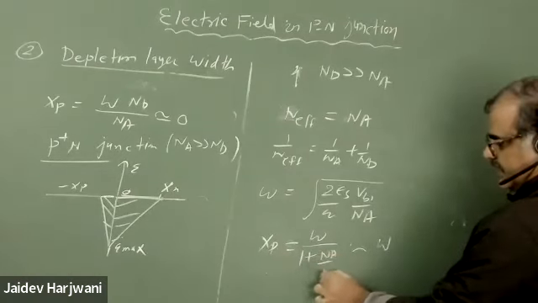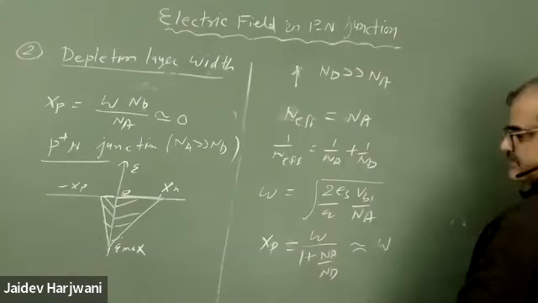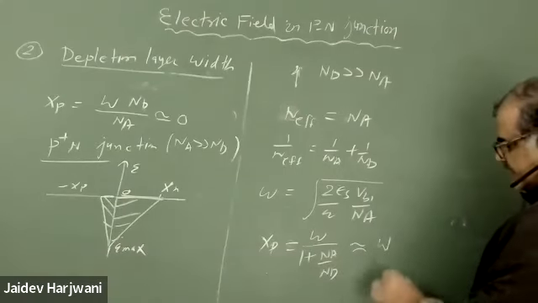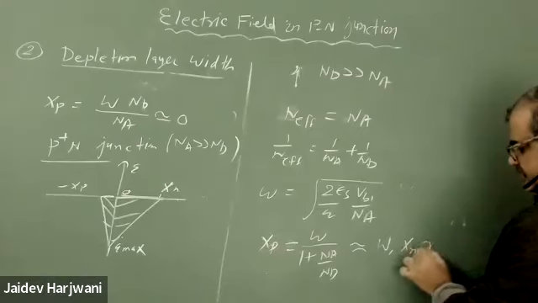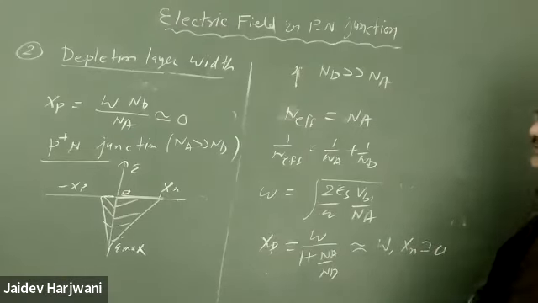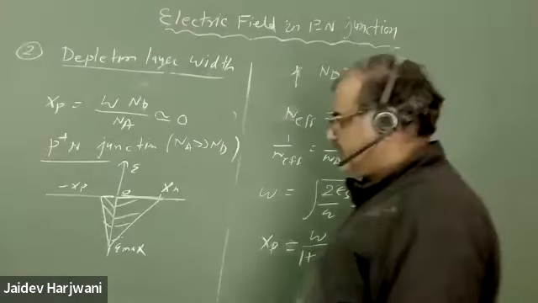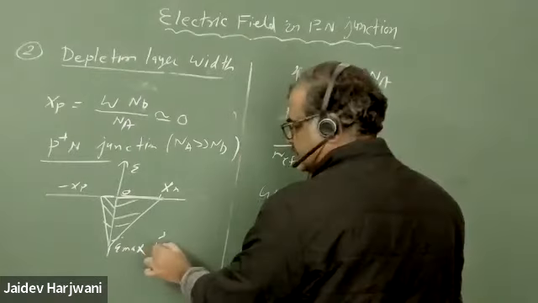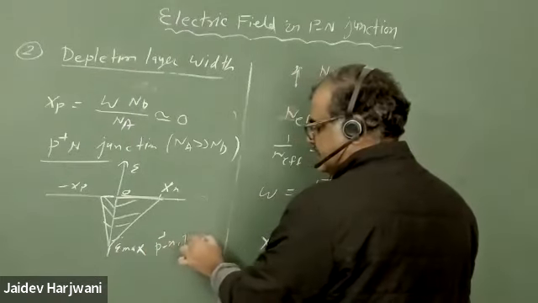So your xp becomes W and your xn becomes almost 0. You can plot it in the reverse way, the profile for a P plus N junction.